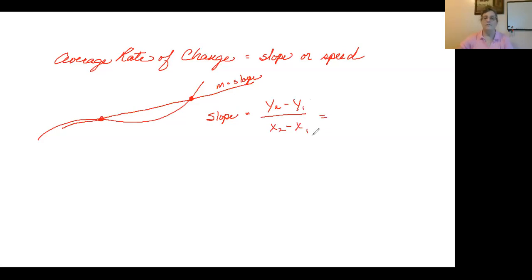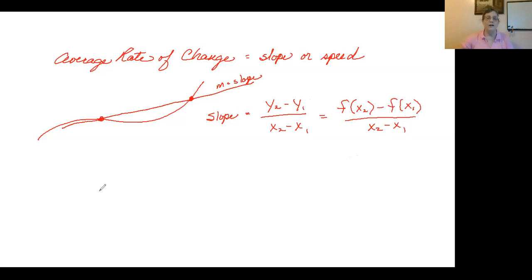In the case of a nonlinear curve especially, they're more likely to write it as f of x2 minus f of x1 over x2 minus x1, which still means exactly the same thing.